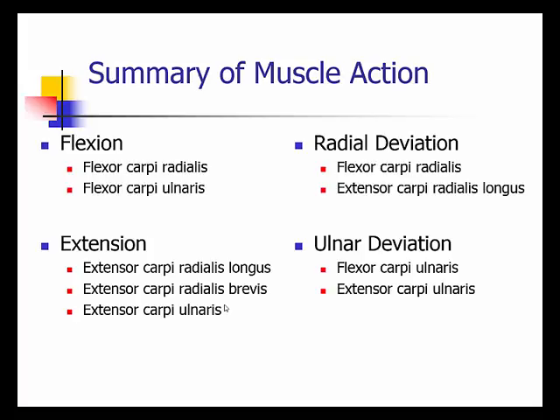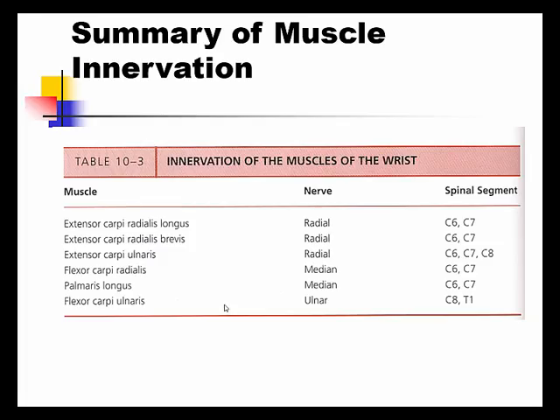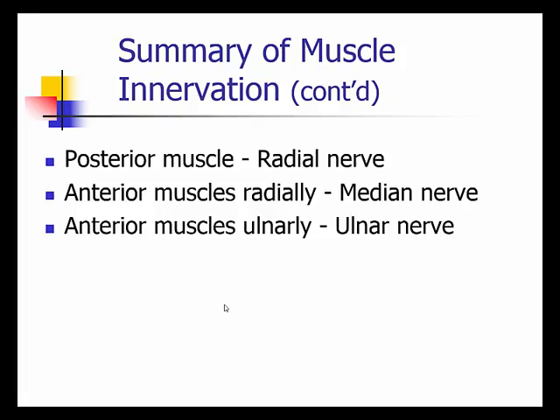There is not a radial deviator muscle. It's a co-contraction of those two. Same thing for ulnar deviation. And then you have flexion that is made up of a co-contraction of the flexor muscles, and extension, which is a co-contraction of the extensor muscles. All right, and here's a summary of the muscle nerve innervations. And continued there as well.